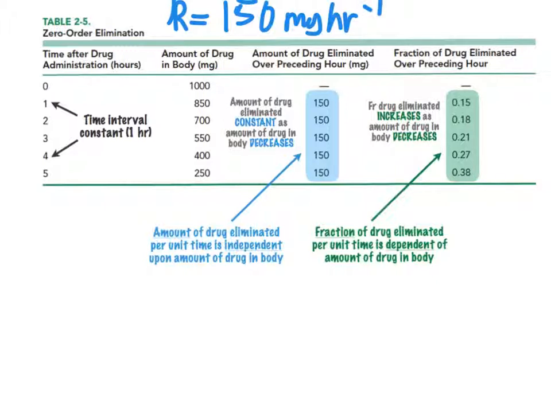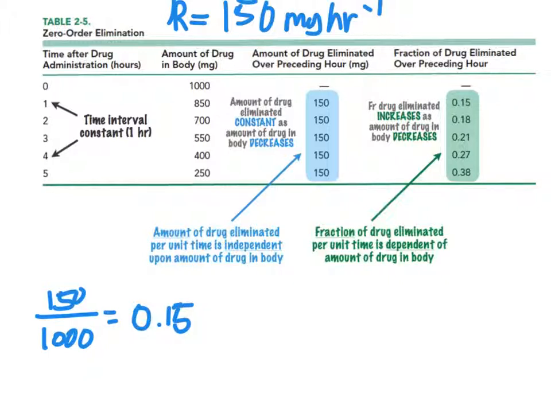So if we're losing 150 milligrams of drug each hour, that means that the fraction of drug that we're eliminating over time is going to change. In this case, the fraction that we're eliminating each hour is going to increase. In the first hour, we lost 150 milligrams from the 1,000 milligrams that we started with, so we only lost 15% of what we had.